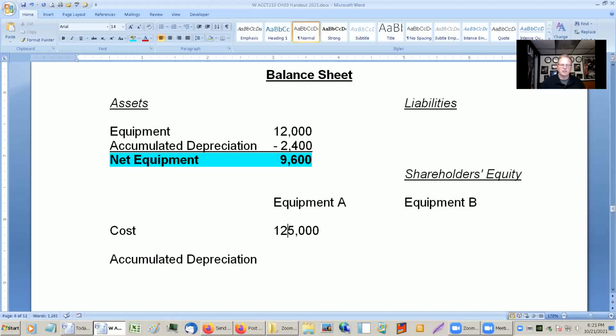Equipment A is 125,000. Equipment B is 6,000. Unit depreciation for A is, whoops.